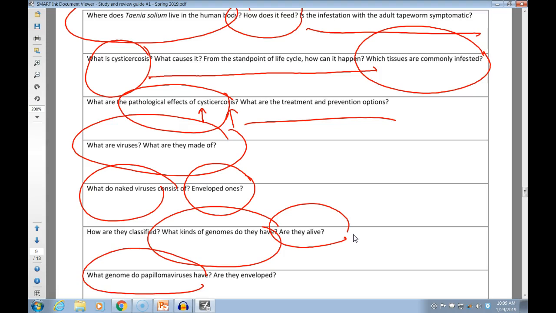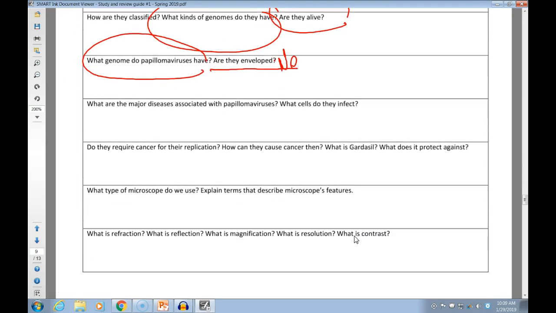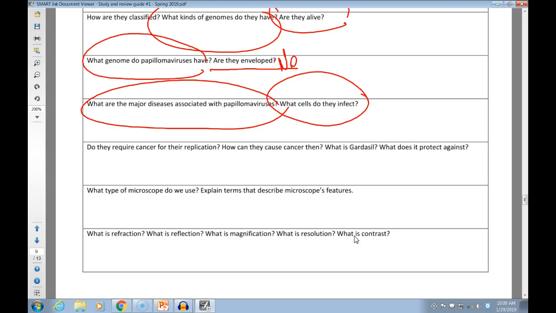Papillomaviruses: double-stranded DNA, naked, so they are non-enveloped viruses. Major diseases: genital and skin warts, and unfortunately cancer. They infect basal cells of the stratified squamous epithelium.